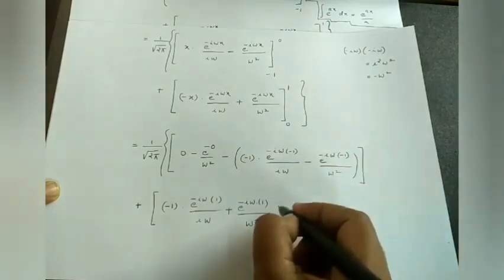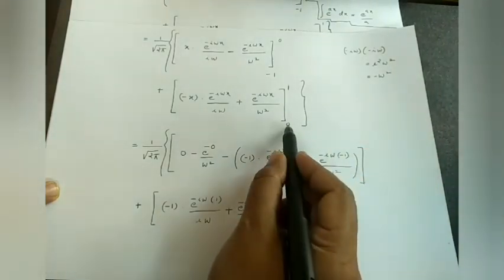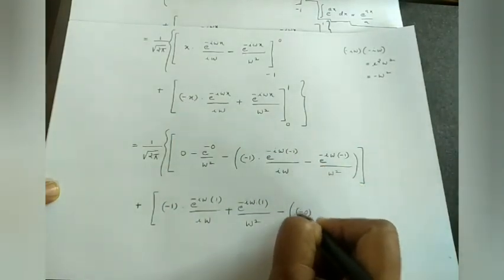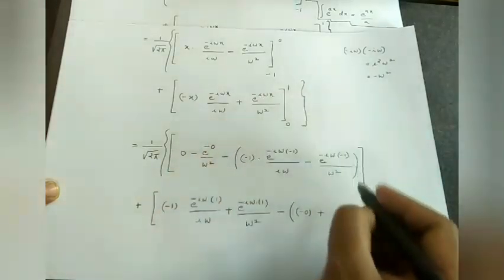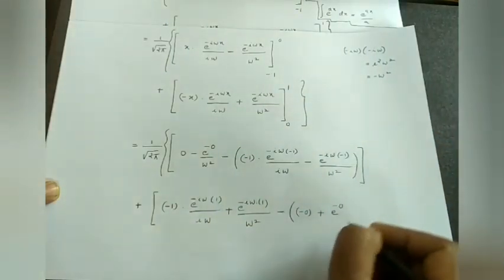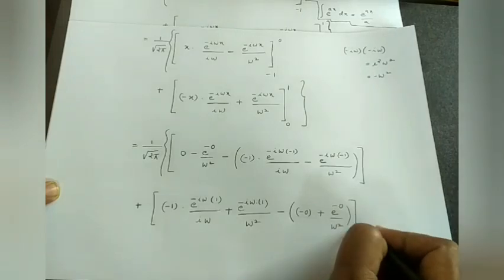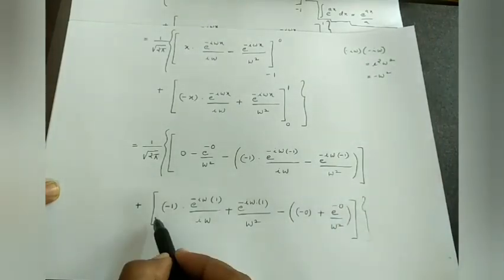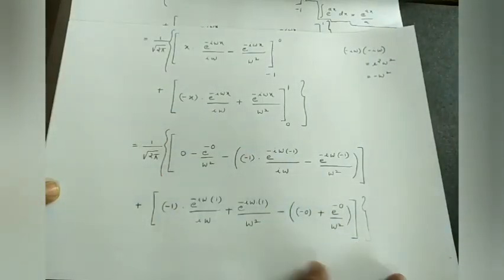Now apply the lower limits. Before that I put a minus sign, then a bracket also. Then apply minus 0, that is 0 itself. Plus e raised to minus I omega into 0, that is e raised to minus 0 by omega square. Now close the brackets, that is very important. First this bracket and this one.